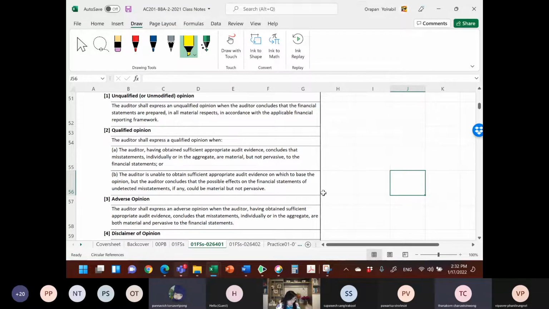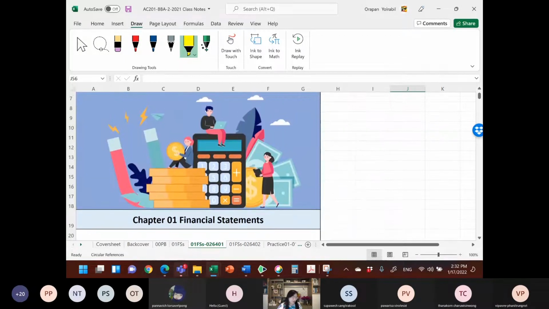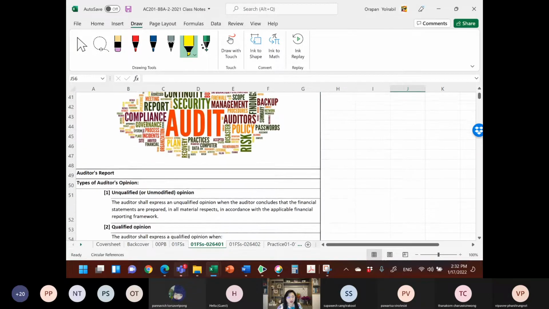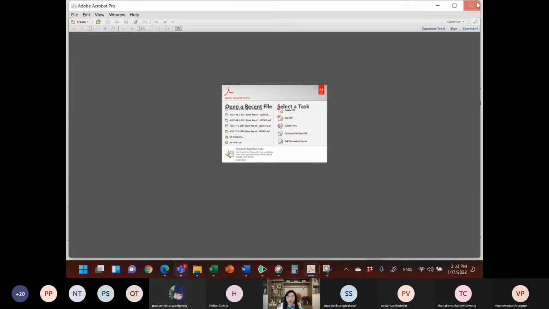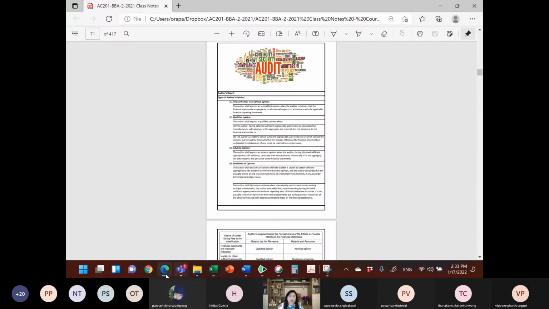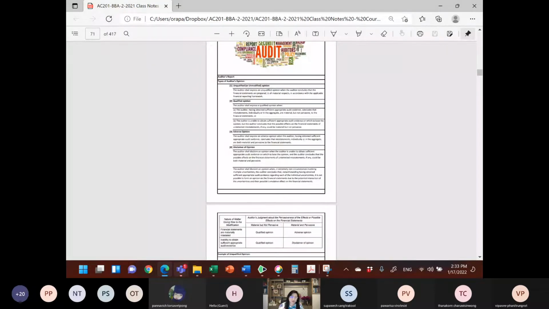It's from the 71st page. It's in chapter 1, right? So it's in chapter 1. You have everything I have here in PDF. I will not give you Excel. Okay, but you have everything I have in PDF. It's the exact same thing, but in PDF.